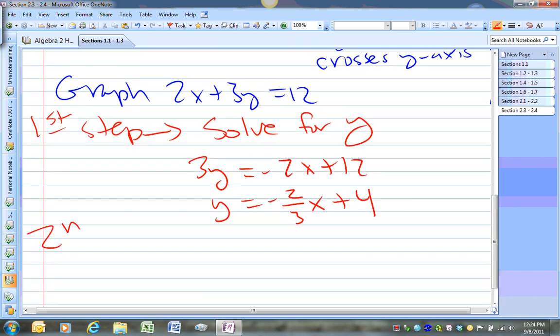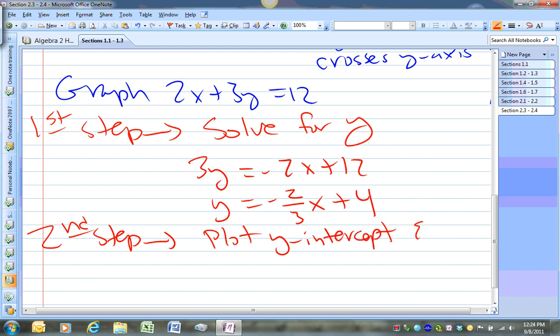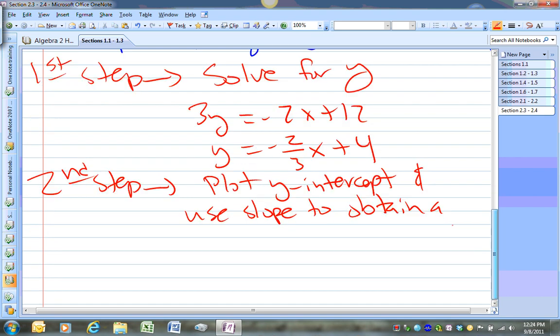The second step is to plot the y-intercept and use slope to obtain a second point.